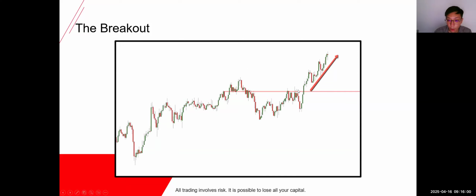Then we can see how price actually broke out. But for me, generally, once it breaks past this point, we are waiting for it to have a reaction at the breaking point.